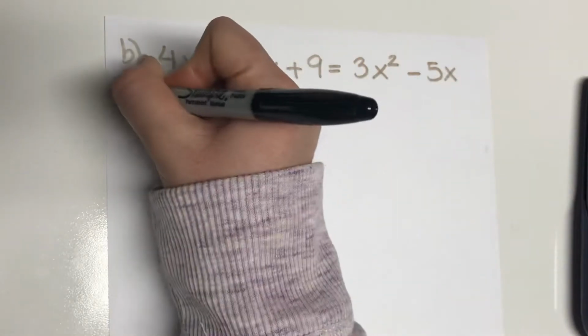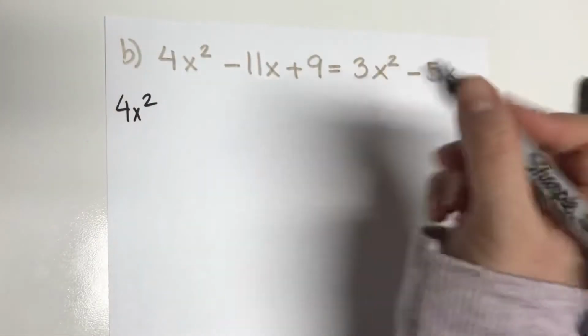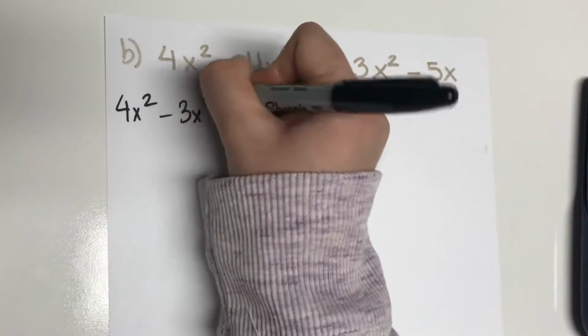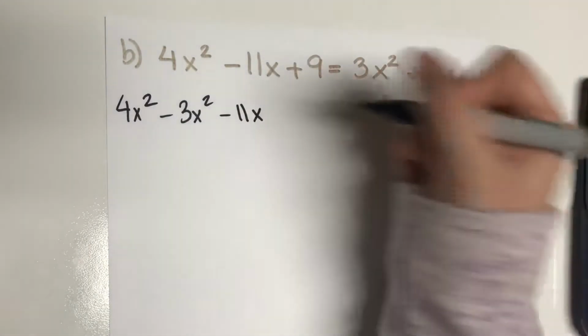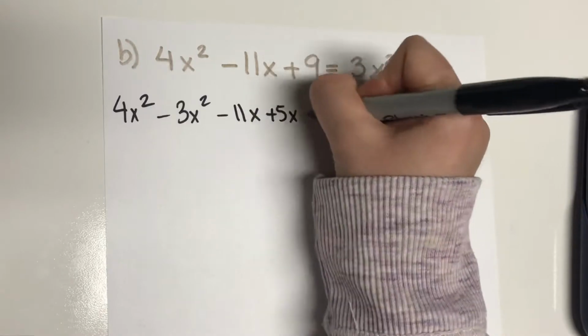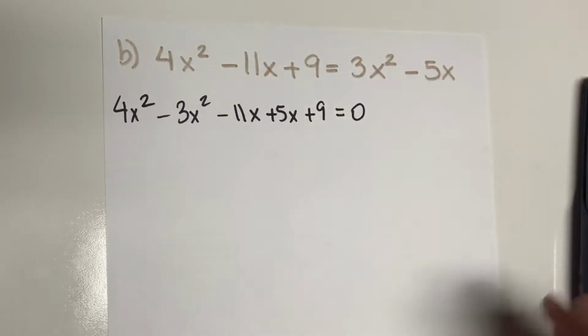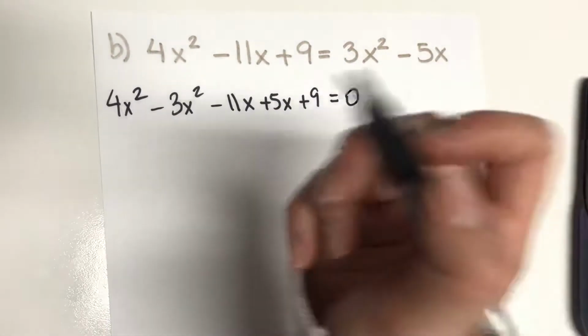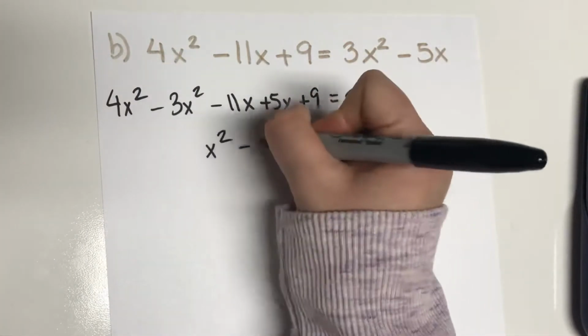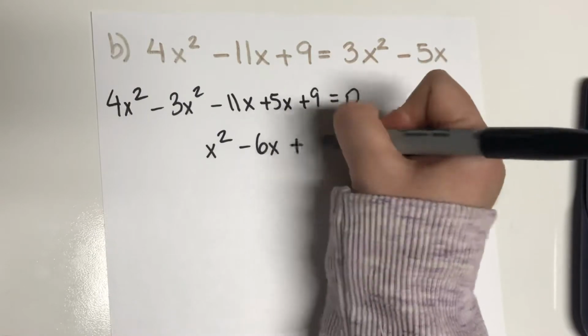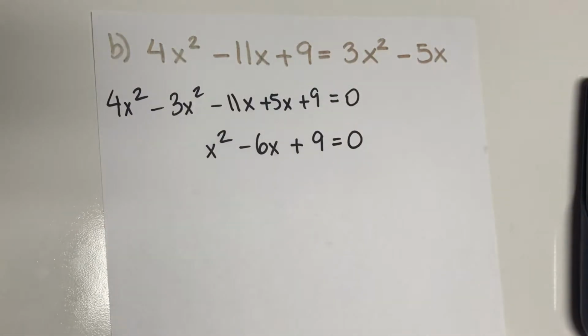So I'm going to say 4x squared. I'm going to bring the like terms beside each other. Minus 3x minus 11x plus 5x plus 9 is equal to 0. Then I'm going to simplify. So x squared minus 6x plus 9 is equal to 0.